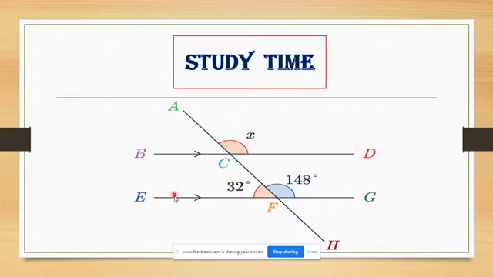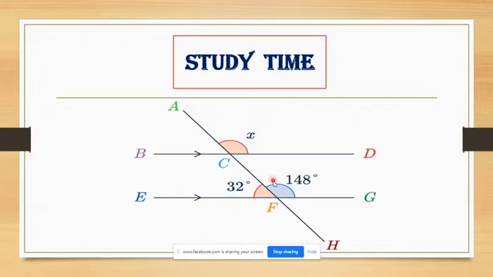So, if the lines are parallel, what can be the measure of angle x? What type of angles are angle x and the angle of 148 degrees? Are they congruent, or will they be different in measurement?